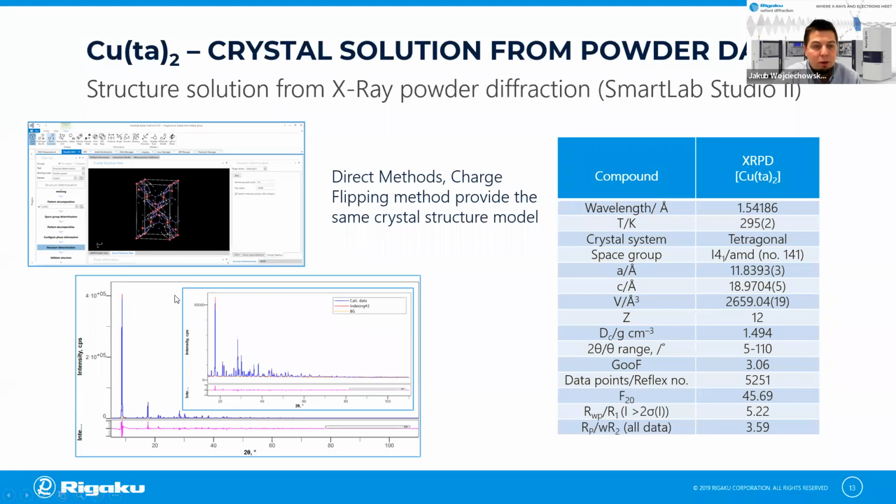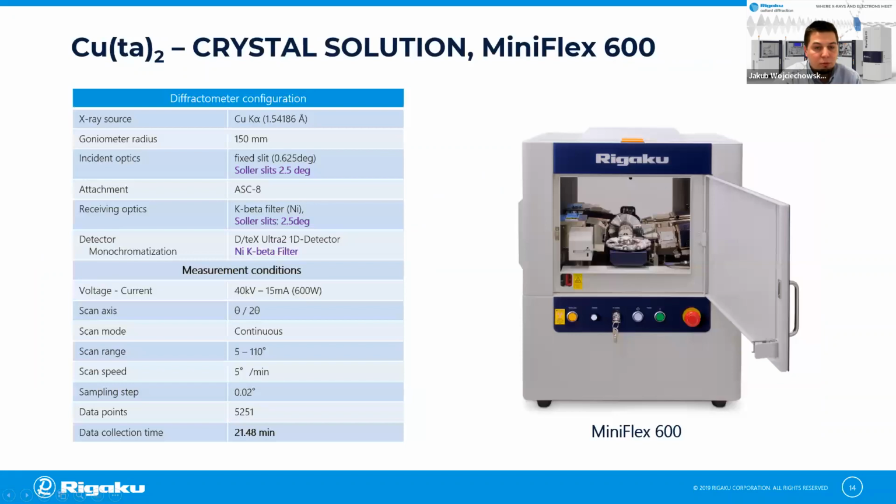This is an example of one of those MOFs, the copper one, solved from powder data in SmartLab Studio, in a little bit of a close up. The picture is too small, and that can basically be done even on a benchtop instrument.